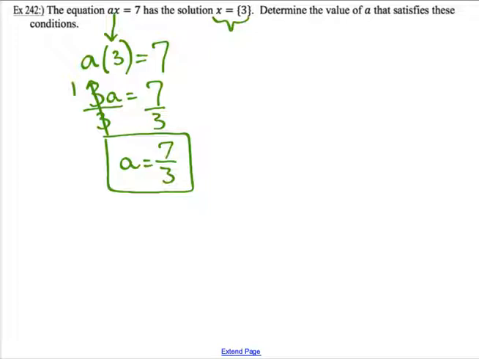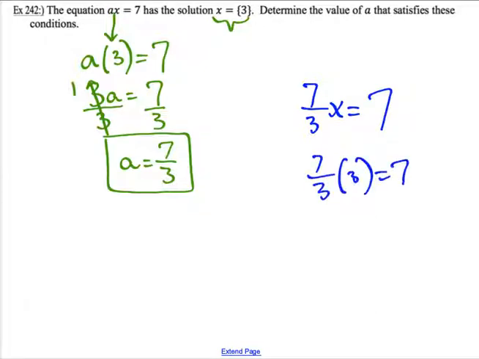Well, that value would be 7/3, which means that if I solved 7/3 x equals 7, the answer would be 3. And actually, if we check it real quick, that is true. 7 does equal 7 when we reduce there.